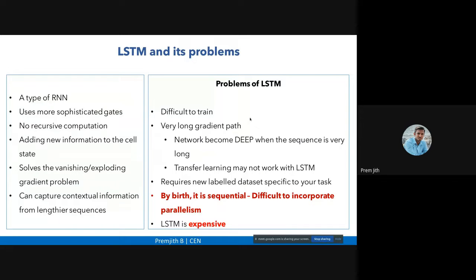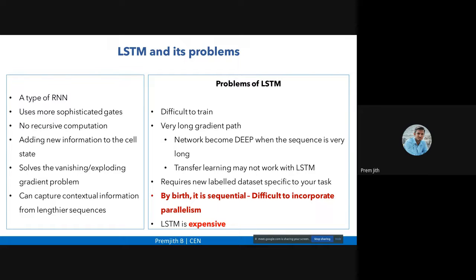But LSTM still has some issues, and the encoder-decoder architecture designed using LSTM started showing some issues. Then the attention mechanism was proposed to resolve those issues. Now people found out that LSTMs and RNNs are sequential, so it is too difficult to implement parallelism using them. So they started thinking about creating a new network.